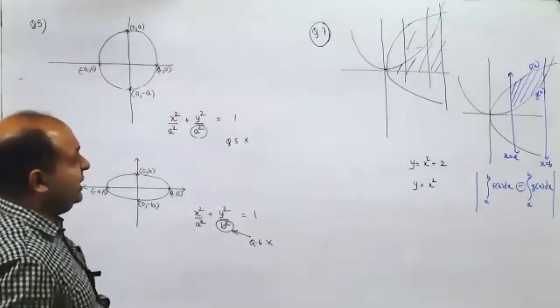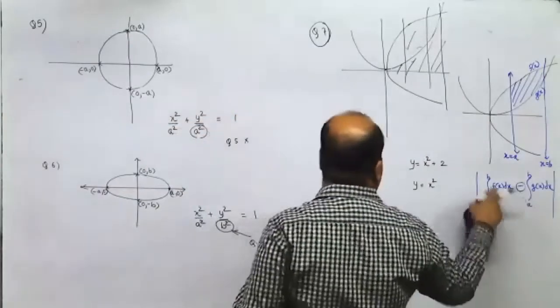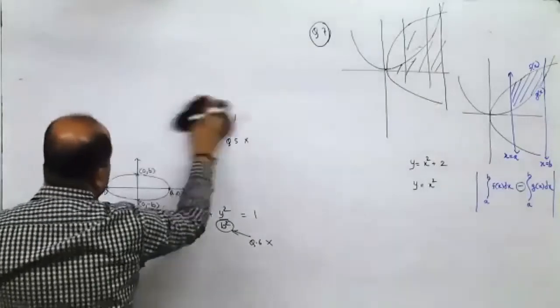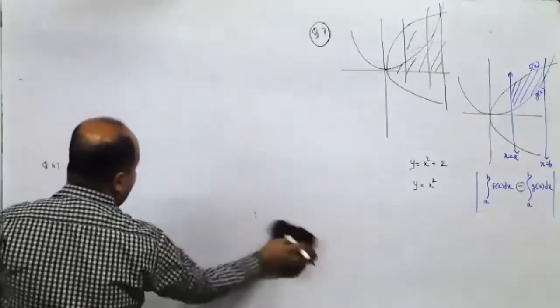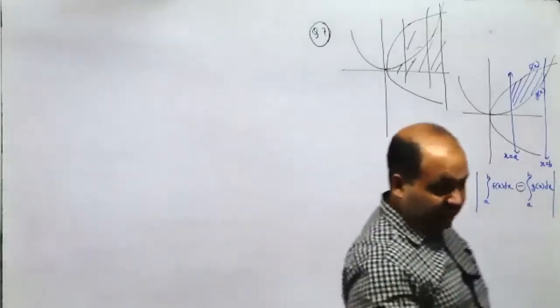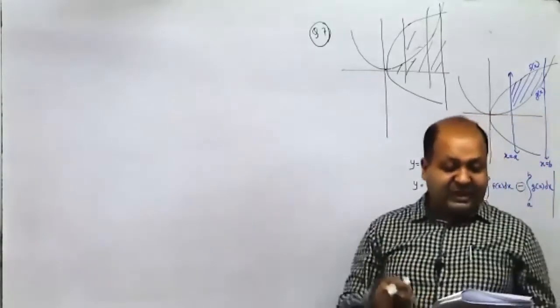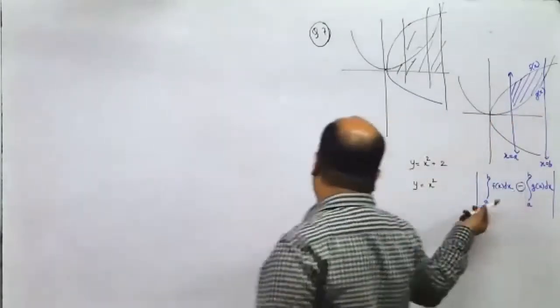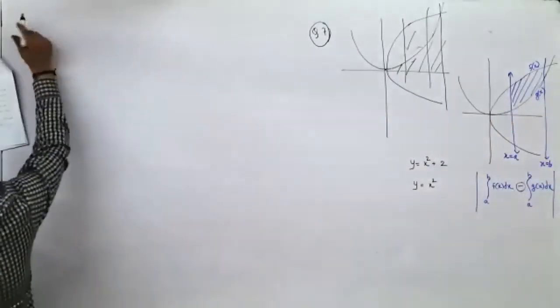Even then, this would be the region. This is minus itself. One function minus the other function. It may be g of x minus f of x or f of x minus g of x. The answer is given in the PDF. If you turn towards the end, they would have mentioned whether it is true or false. If it is false, then this is the answer. If it is true, then let me know.